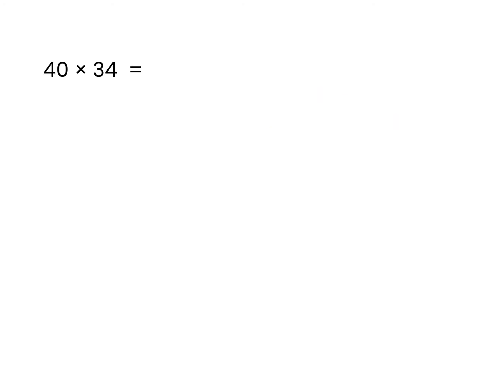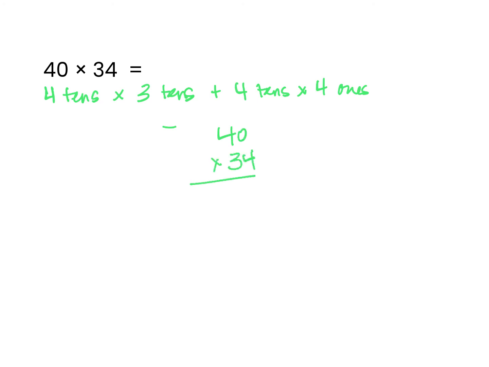All right, the next one. We're going to divide it up again. So we're going to divide it as 4 tens times 3 tens plus 4 tens times 4 ones. And that's basically what we're doing when we're writing this vertically. So we've got 40 times 34, and we write it vertically.